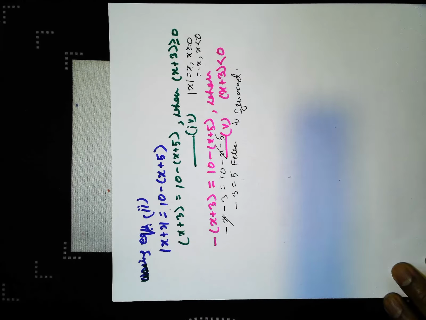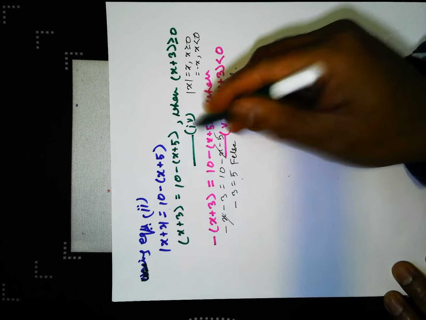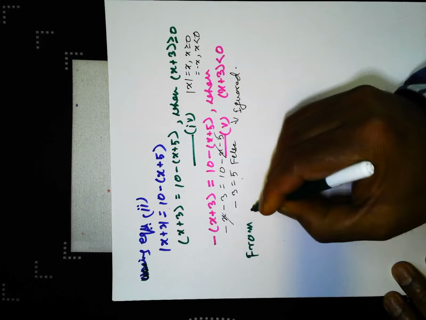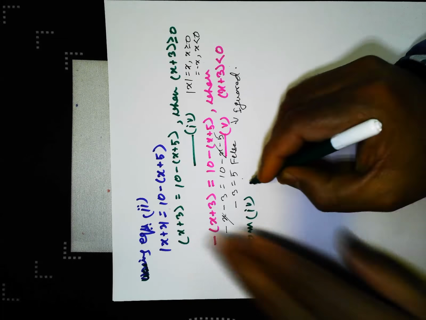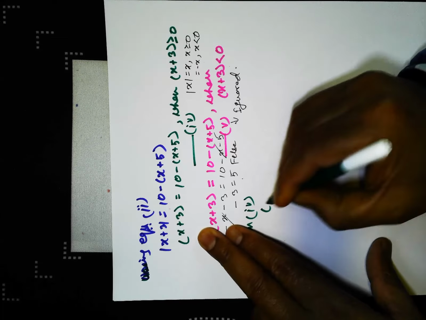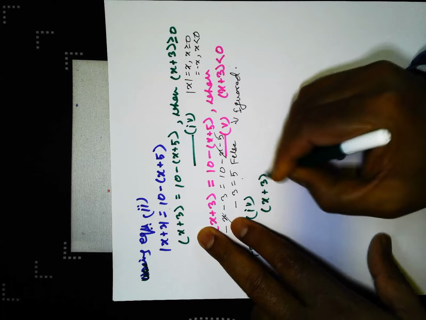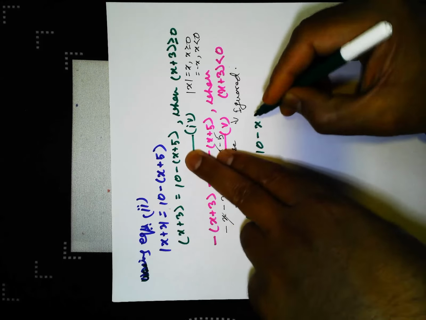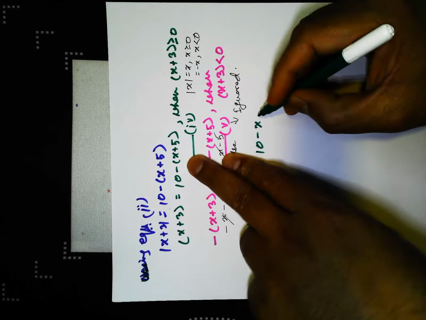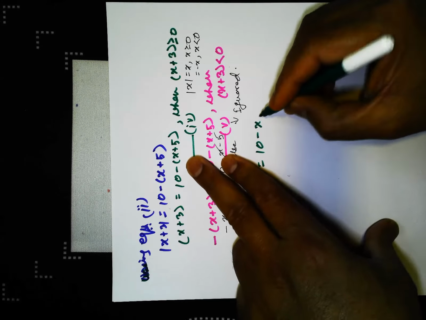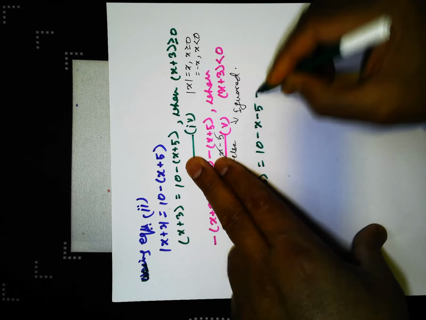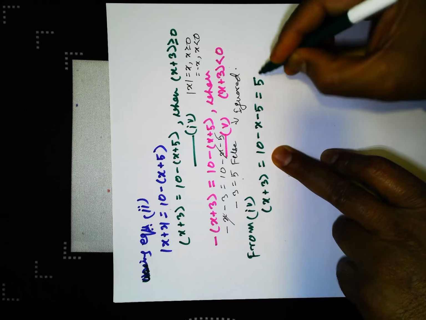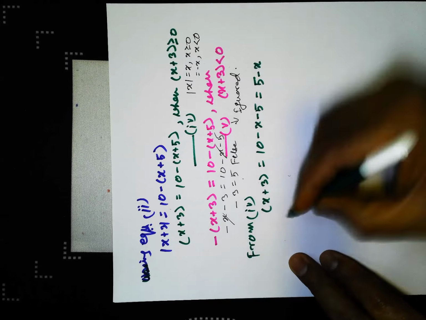Okay, then I will use this equation 4. So from equation 4 we have here x plus 3 equals to 10 minus x. When you open the bracket and there is a minus sign in front of the bracket, that means minus x minus 5, and it is 10 minus 5 is 5 minus x. Now take all the x together.